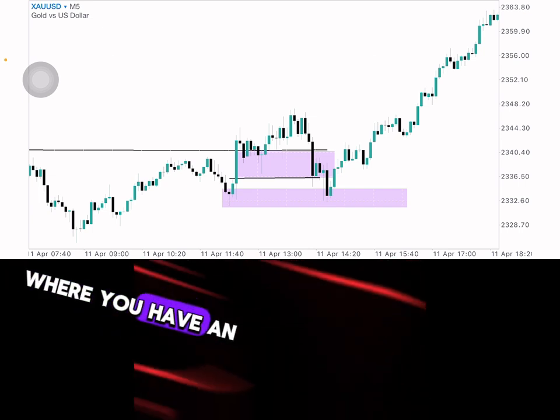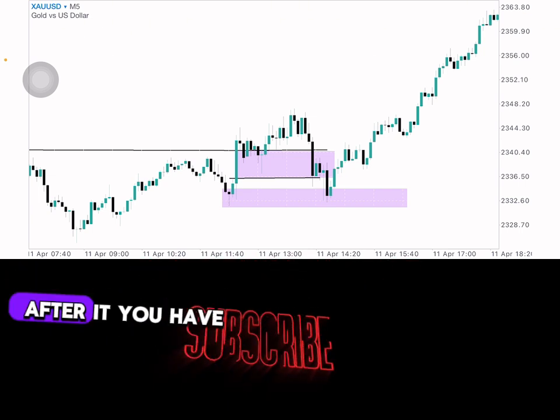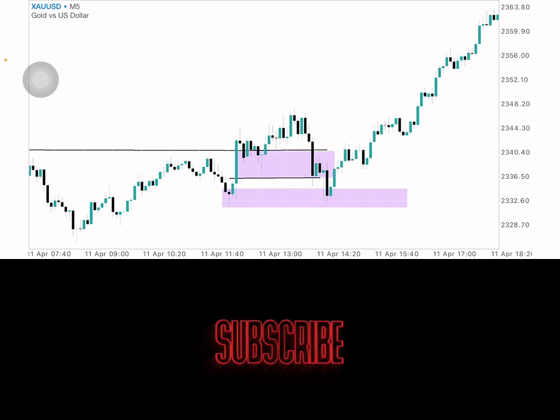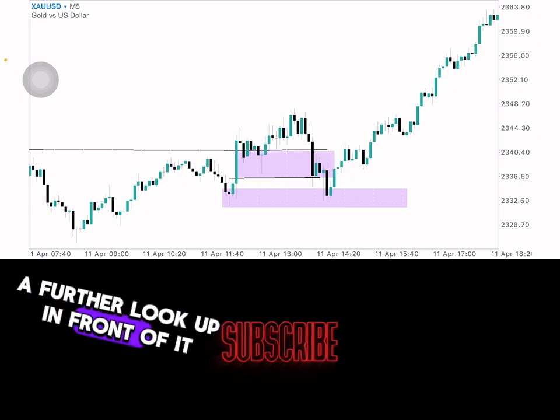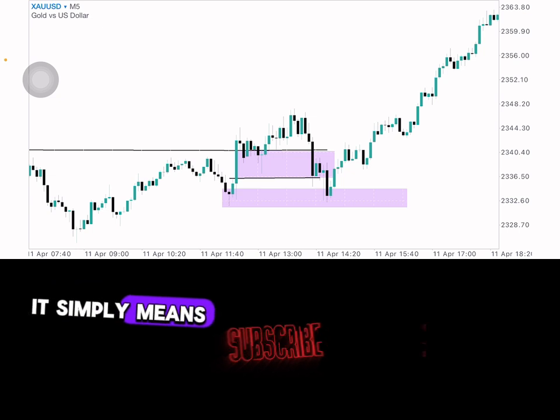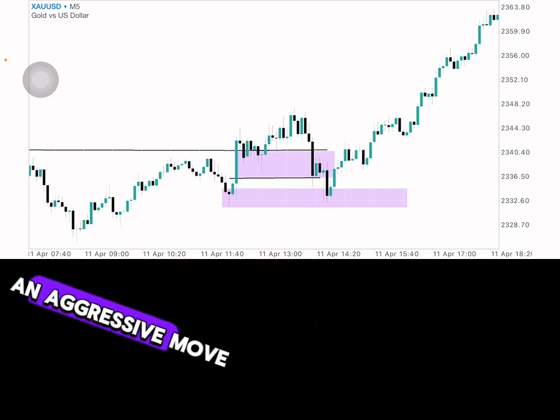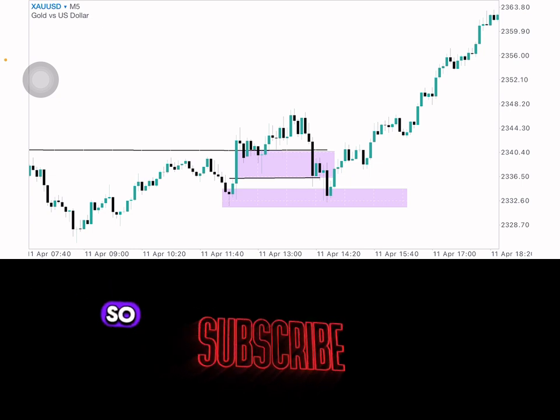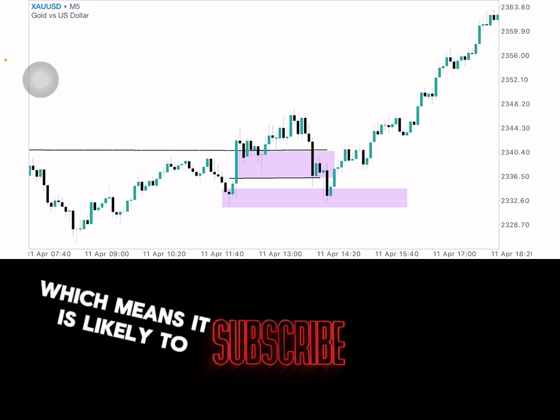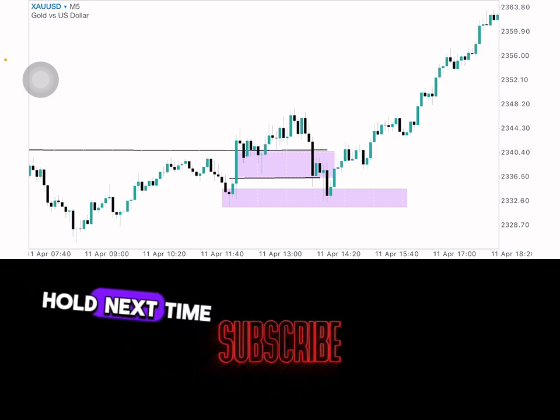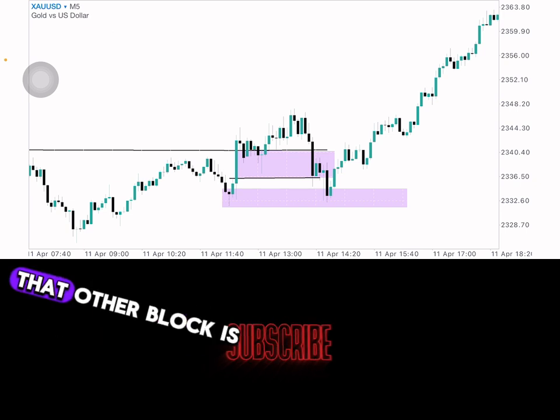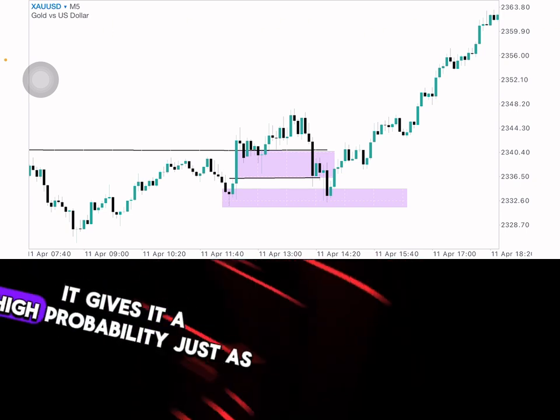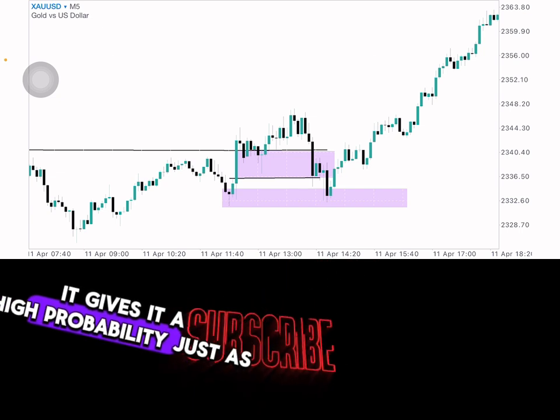When you have an order block and then after it we have a fair value gap in front of it, it simply means that there was an aggressive move from that order block. Which means it is likely to hold next time price comes back to it. So it gives it a high probability.